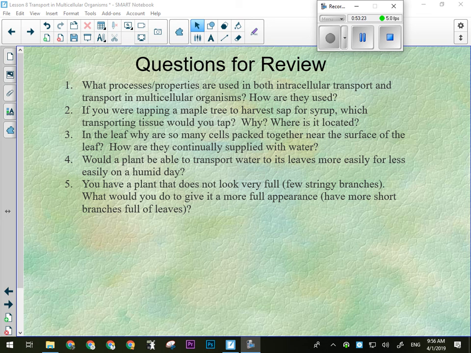Okay. Number 3, in the leaf, why are so many cells packed together near the surface of the leaf? Okay, so that's the palisade layer that we were talking about, and its job is to carry out what, Jeremy? Yep.